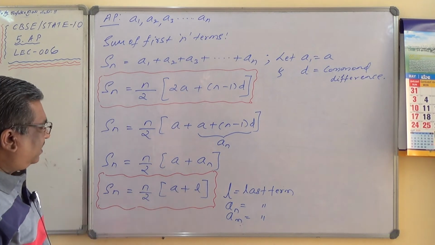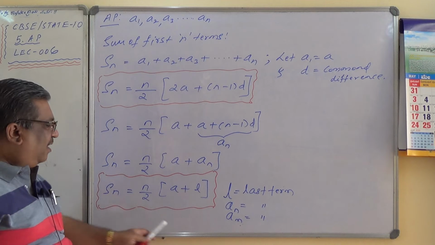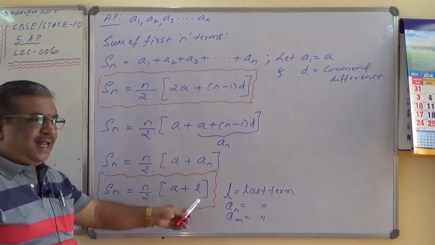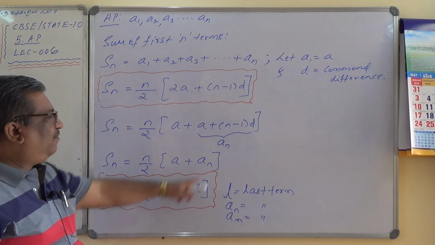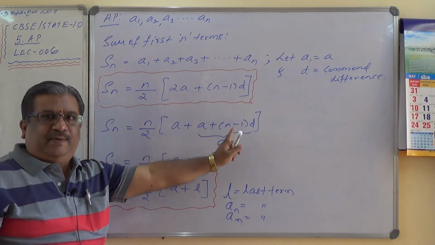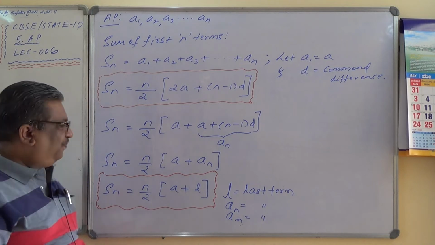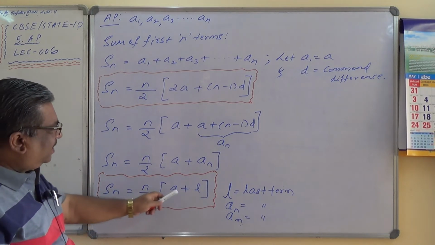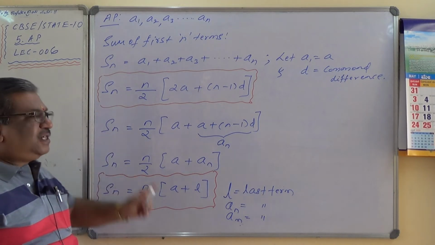Very interestingly, you need to know only a and l. Of course, n is to be known. N is nothing but the total number of terms. If you know the last term and the first term, you can definitely calculate the number of terms by using the formula an equals a plus n minus 1 into d, because after all, it is in an arithmetic progression. So we arrived at the second formula Sn equals n by 2 times a plus l, and these two are the most important formulas. You first note them down.